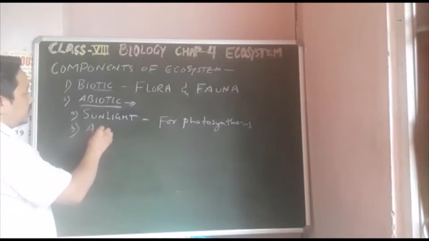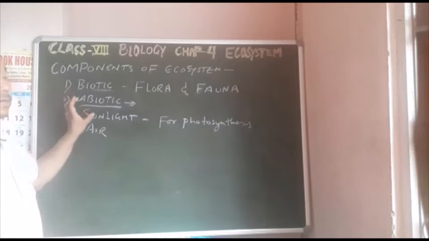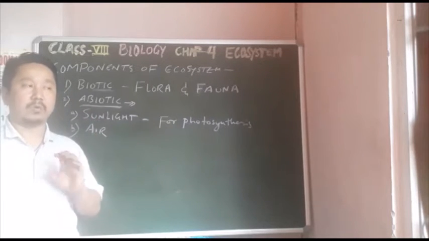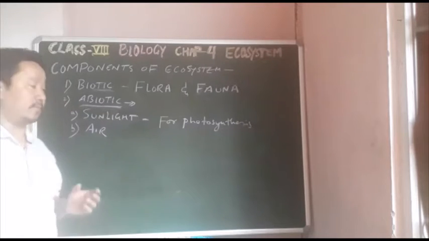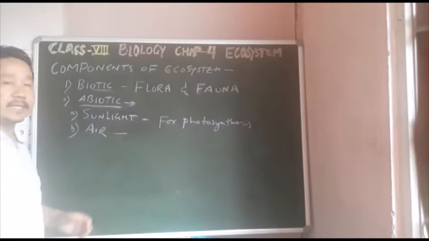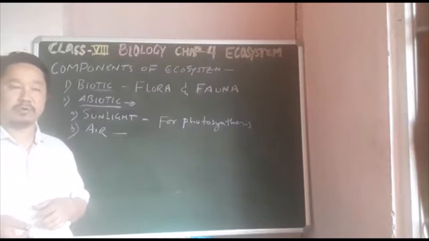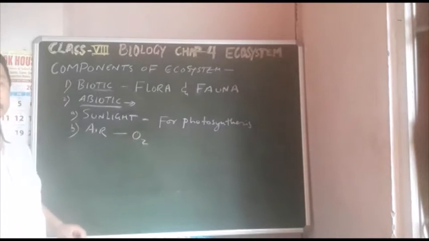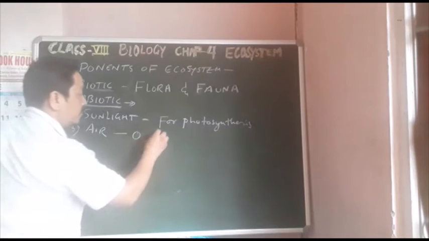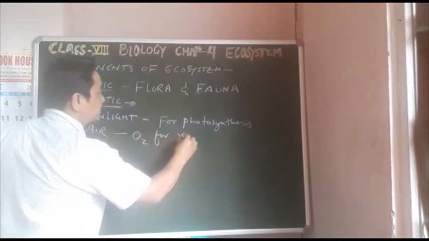Then number B, we have air. Air is another important abiotic component. What is the importance of air in an ecosystem? Air is a mixture of many gases that we know. It contains oxygen, which is important for respiration.